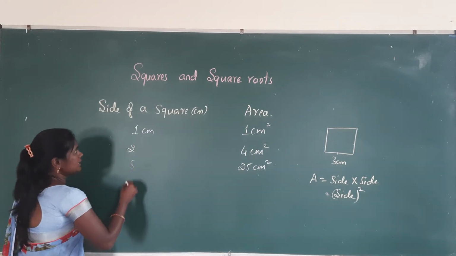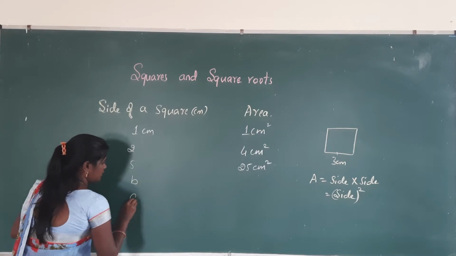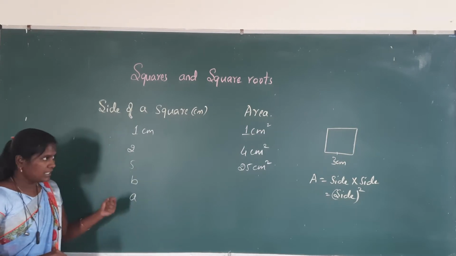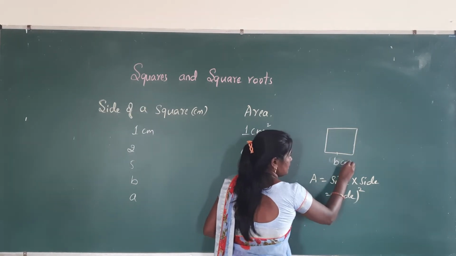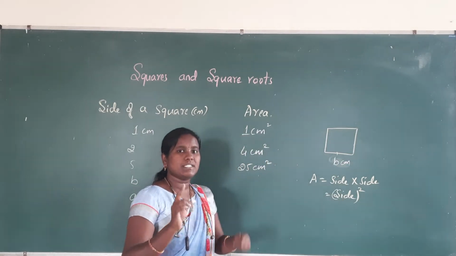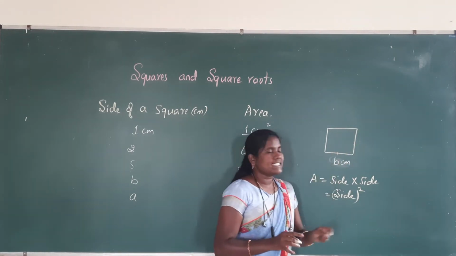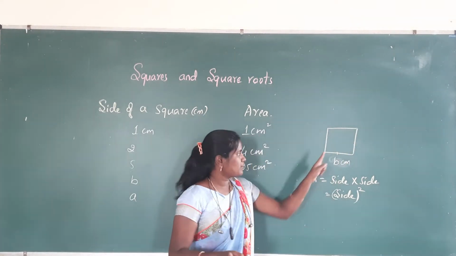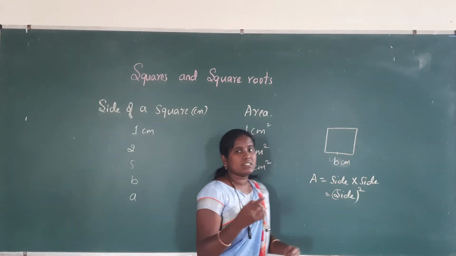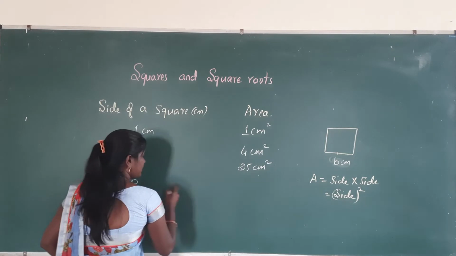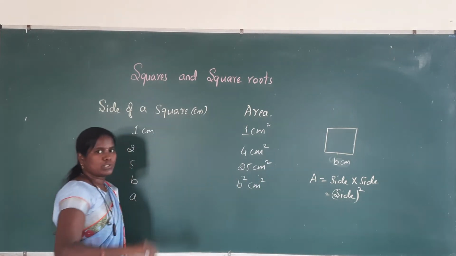Now, if you consider the side of a square as b centimeter, then all the sides measure b centimeter, because all four sides are equal in a square. Therefore, this is b centimeter, this is also b centimeter. B into b is b square centimeter square, or b centimeter whole square.